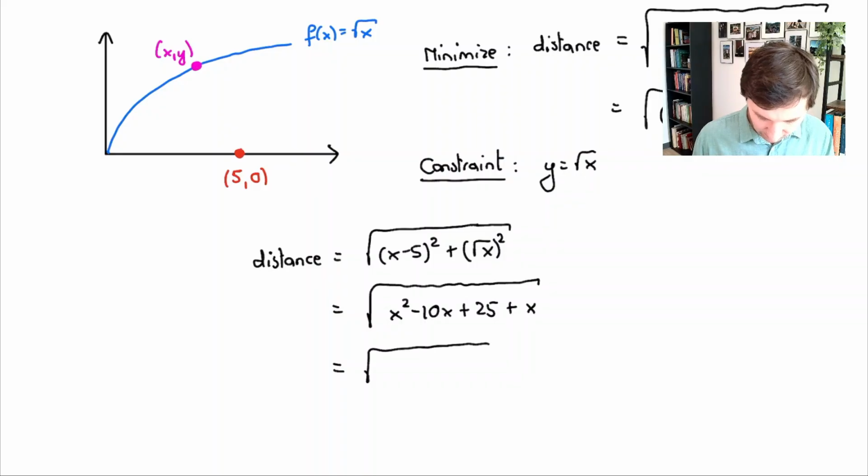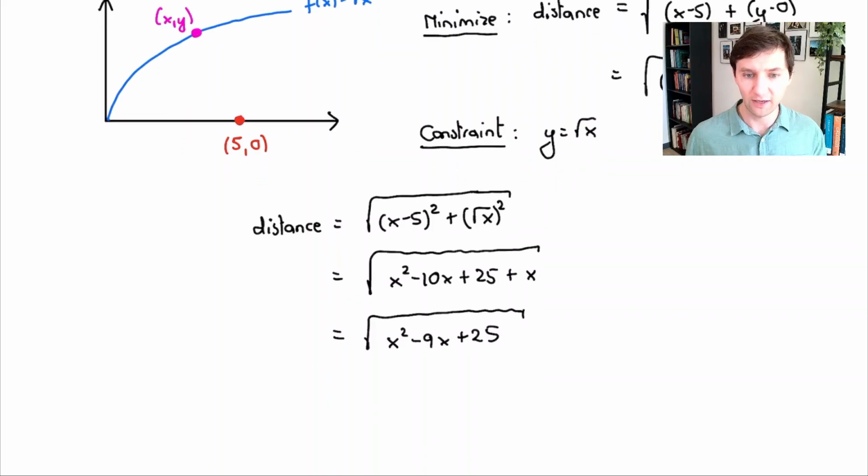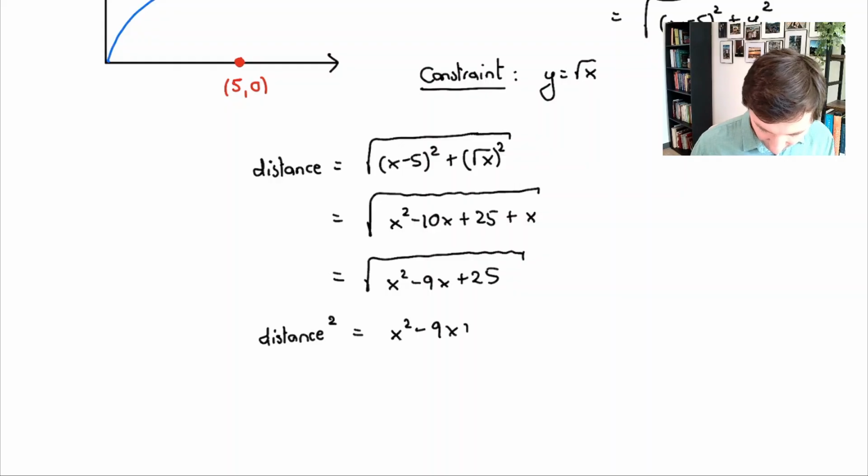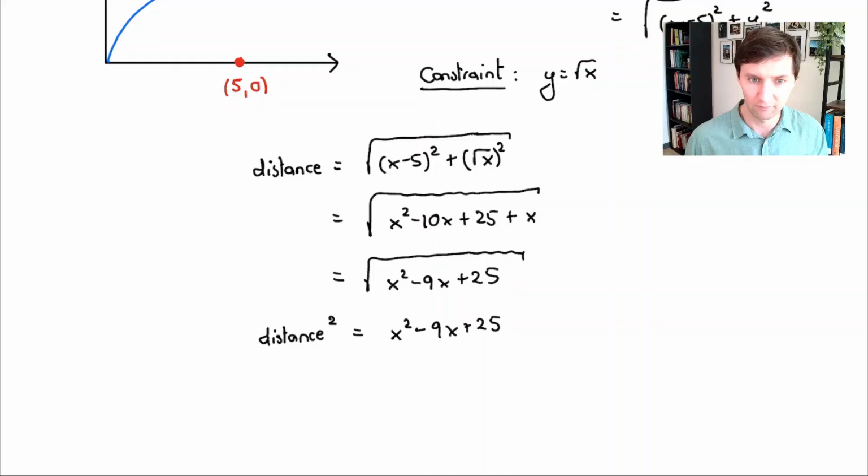This is square root of x squared minus 9x plus 25. To find the x that minimizes the distance, I now have to take the derivative. To make my computations easier, I will find the minimum of a different function, the function distance squared, which is just x squared minus 9x plus 25. Note that the computations here will be much easier.